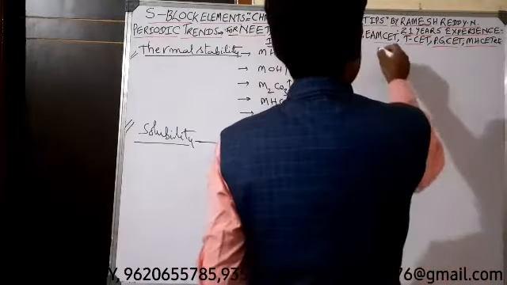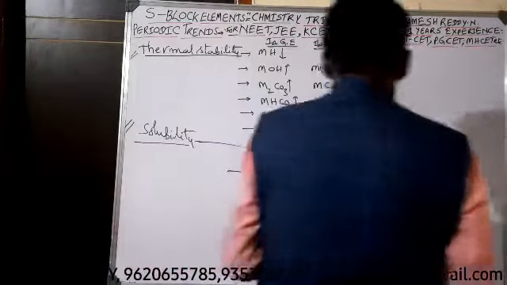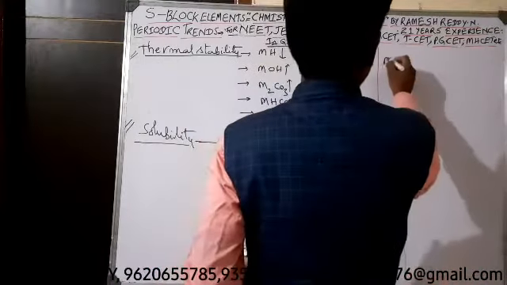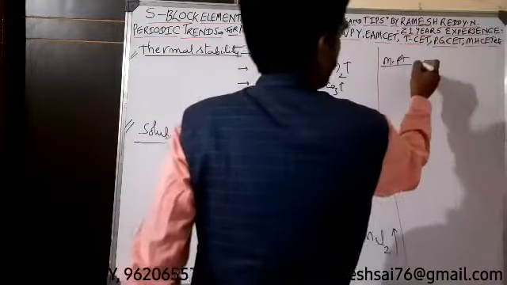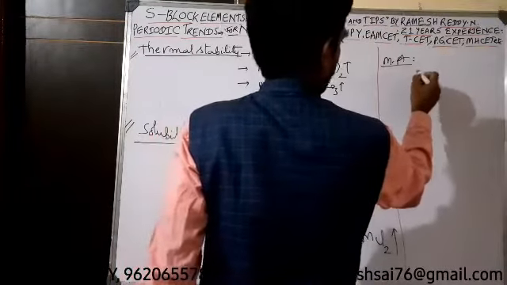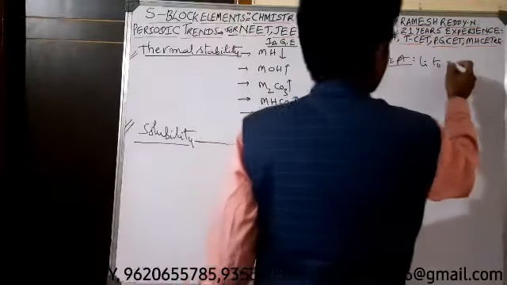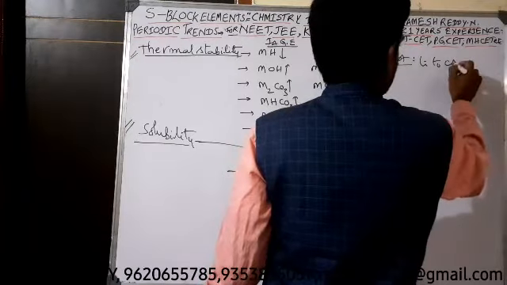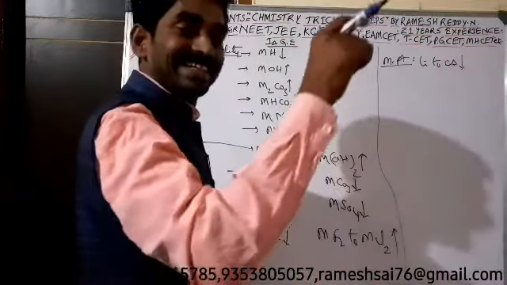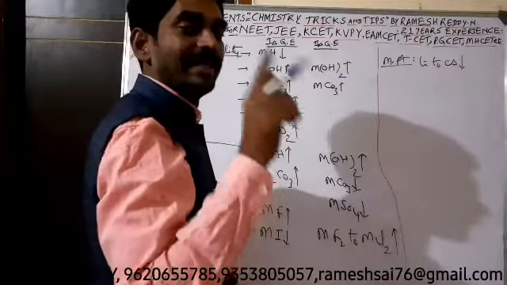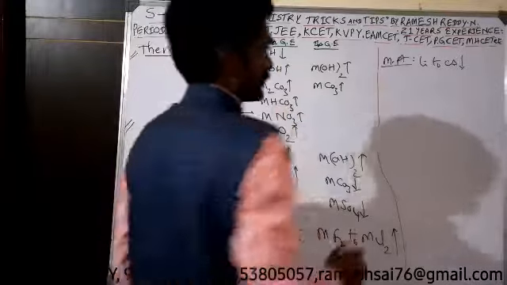Melting point of first A group elements, that is lithium to cesium, progressively decreases because metallic bond strength progressively decreases, because here only one electron participates in the metal bond formation, right?